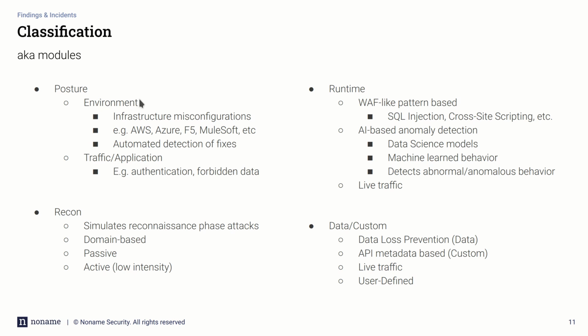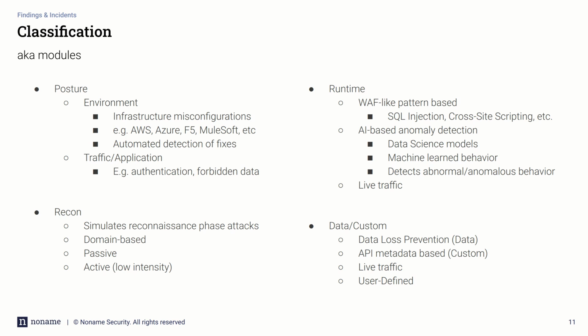And then we have the environment based posture findings. This is where we're able to identify misconfiguration simply because we have enough permission to identify your environments, your network, right? And we want to keep doing this periodically because changes to our infrastructure happen all the time, or happen often.